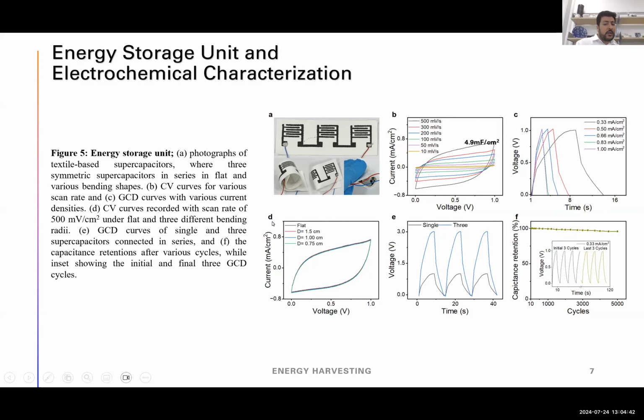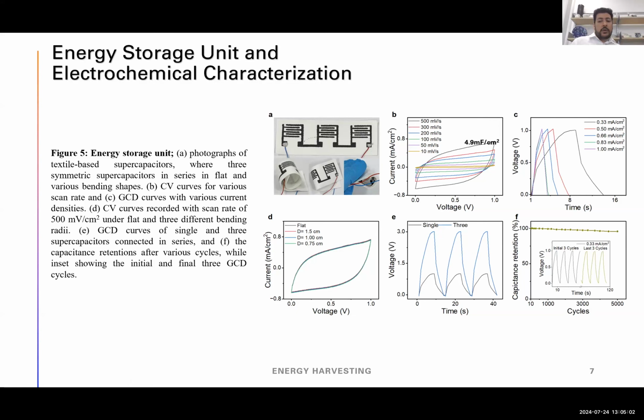You can see in figure D, there were negligible changes while bending with different radius or diameter. And similarly, figure E shows the GCD curve of a single device and then connecting three devices in series.